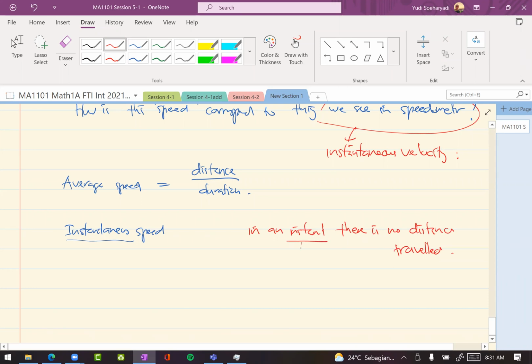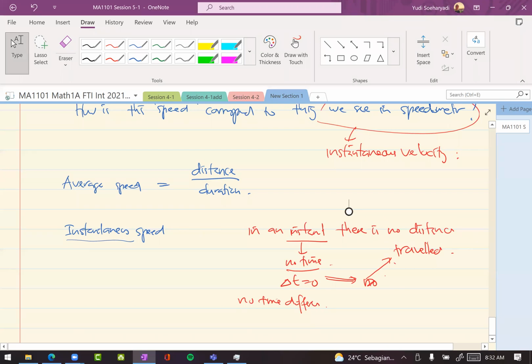An instant means no time. So no time means delta t equals 0. What is delta t? Delta t is time difference. No time difference. If there's no time difference, then no distance traveled.